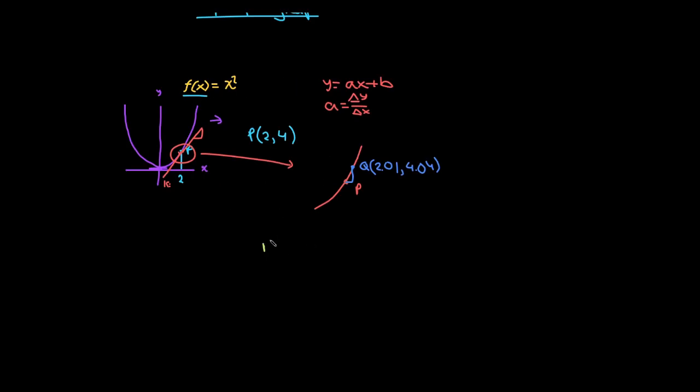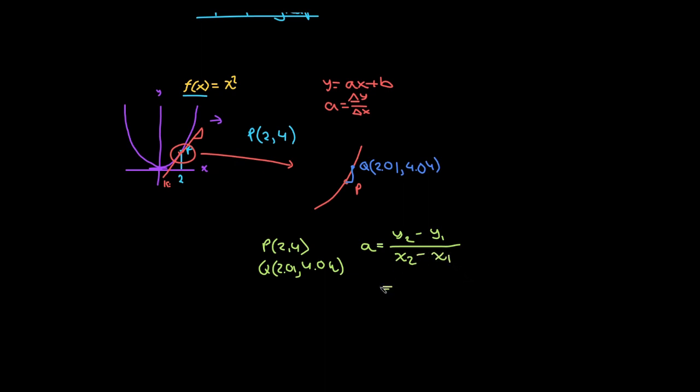Alright. So we have our point P, that's (2, 4), and Q, that's (2.01, 4.04). And we'll just use the formula: the second y-coordinate minus the first y-coordinate, and the second x-coordinate minus the first.